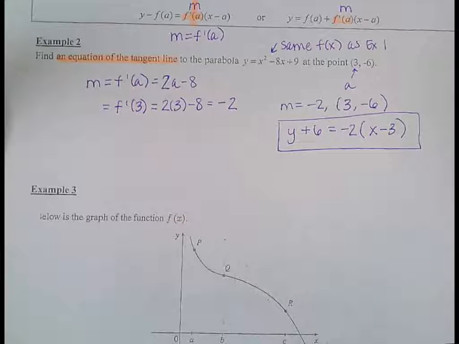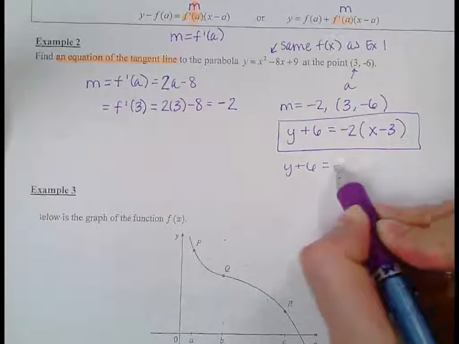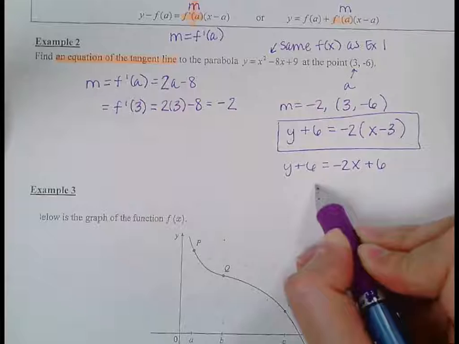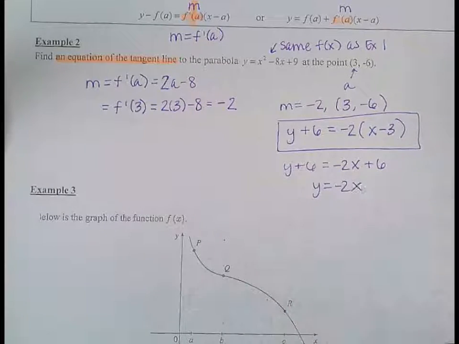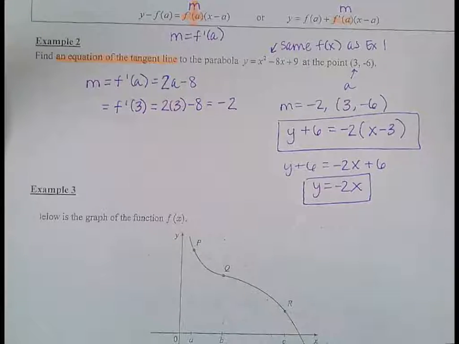Because this would be y plus 6 equals -2x plus 6, subtract 6, so y equals -2x. So you can rewrite it in the slope-intercept form. You don't have to leave it in point slope, but you can, is the point.